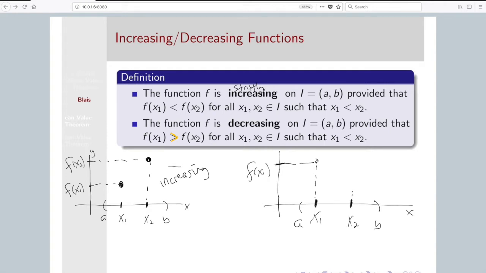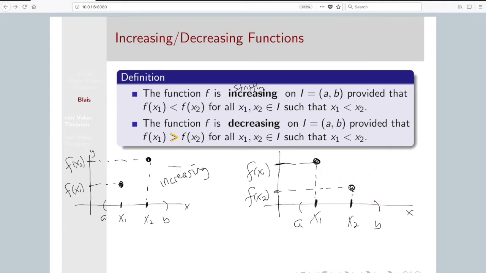And down here, say, is our f of x2. And if you slide x1 and x2 back and forth, it's always the case that f evaluated at the left point is higher than f evaluated at the right point. That's what it means for the function to be decreasing on AB.